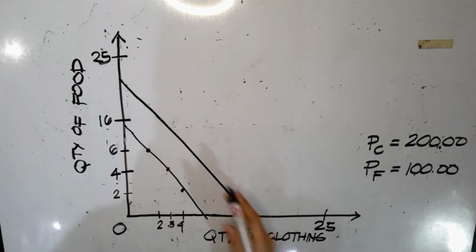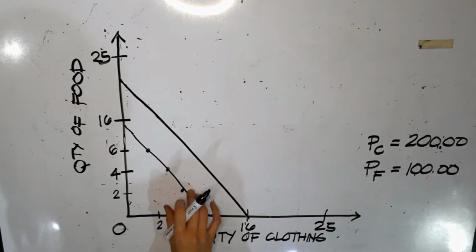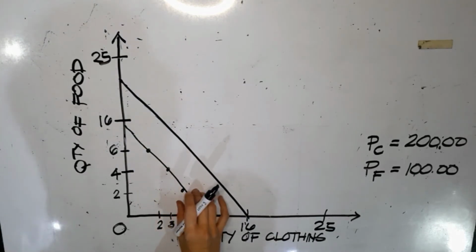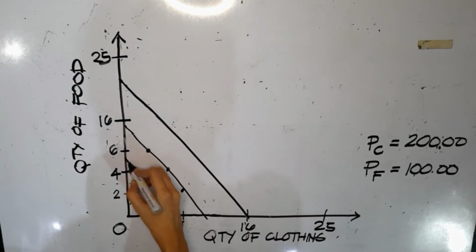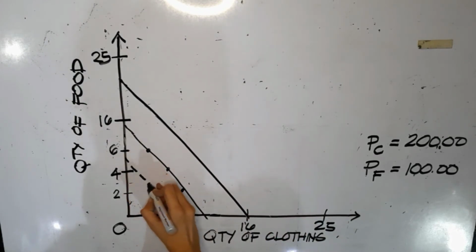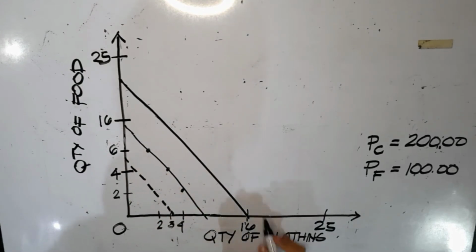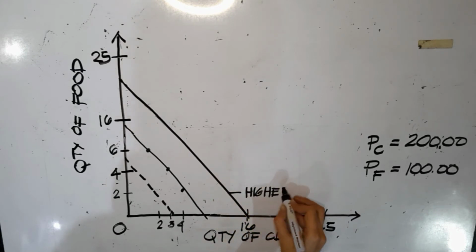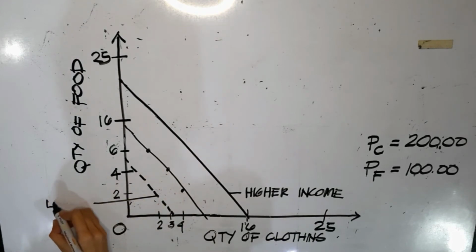So your budget constraint moves from the original consumption opportunities. If your income would lower, then of course it would go here in this line. So this is higher income, and this would be lower income.